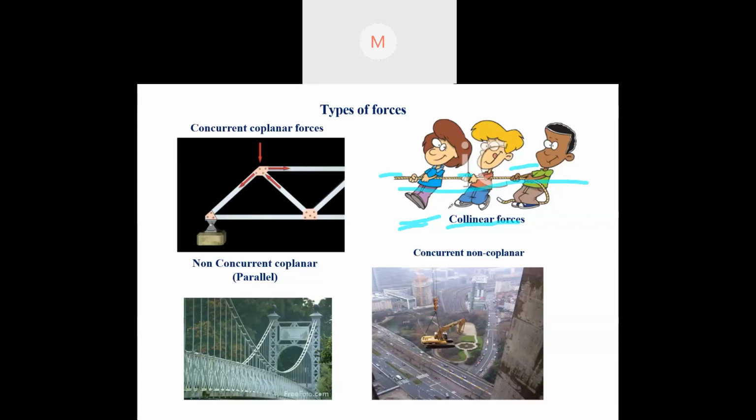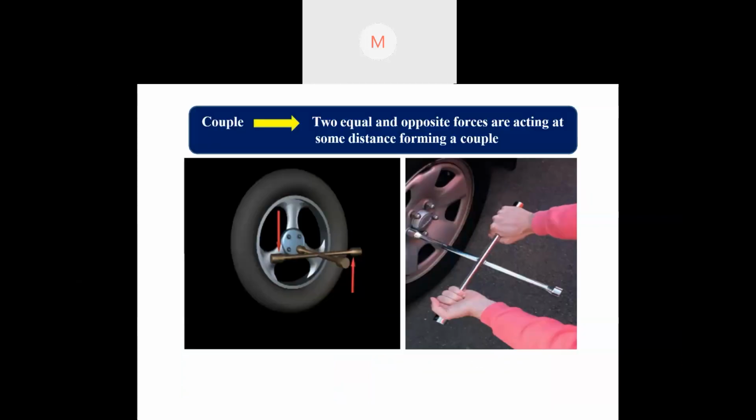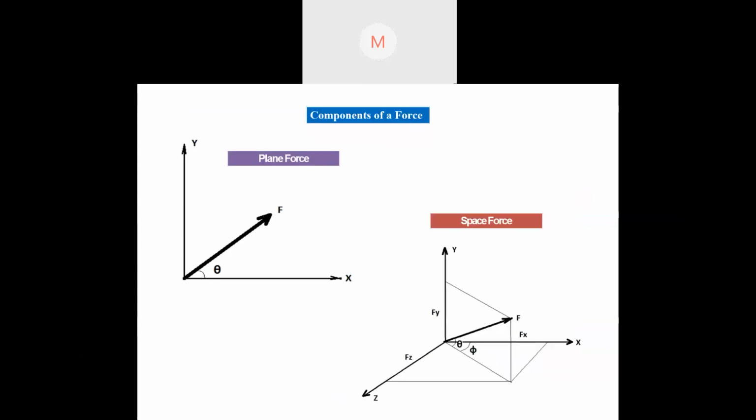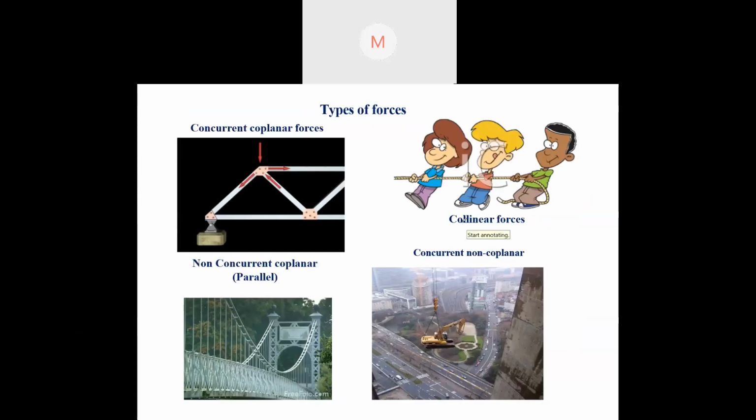This one rope only they are pulling in the same line. So this is called collinear force. This is the best example of collinear force. Is it clear?